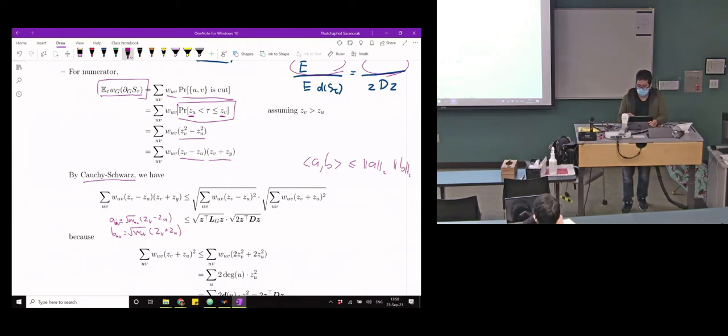Then you apply Cauchy-Schwarz and you get this thing.